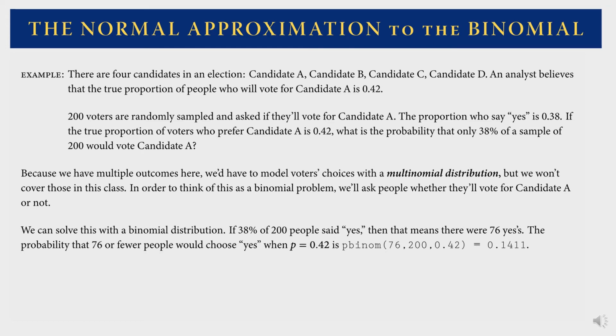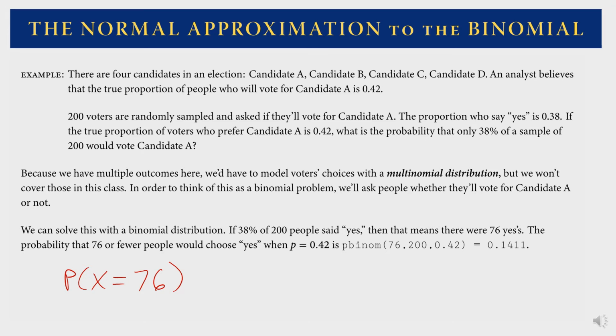And the reason we're using pbinom instead of dbinom here is that the probability of exactly 76 yeses is really low, and it's deceptively low because the question we really care about is whether the population proportion is lower than 0.42.